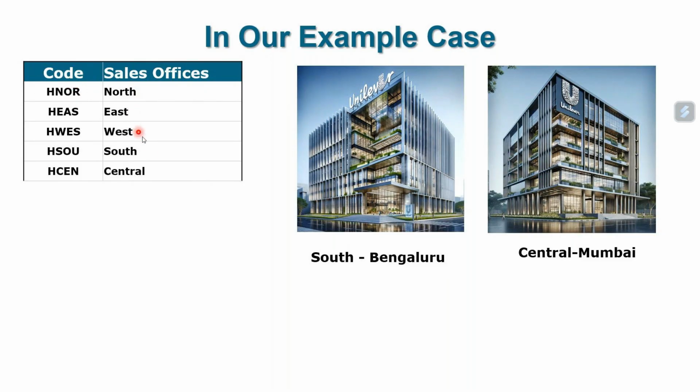So north, east, west, south, and central is what I have, and I've given them a code, HUL North, HUL East, HUL West, HUL South, and HUL Central. I've shown you two offices just as a representative image that this is basically what a sales office is.